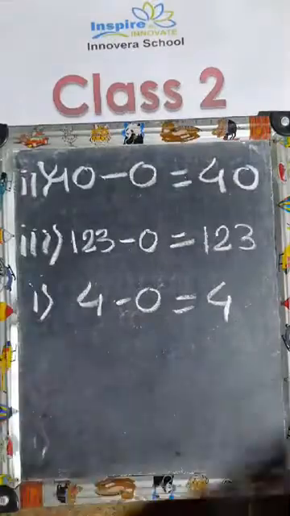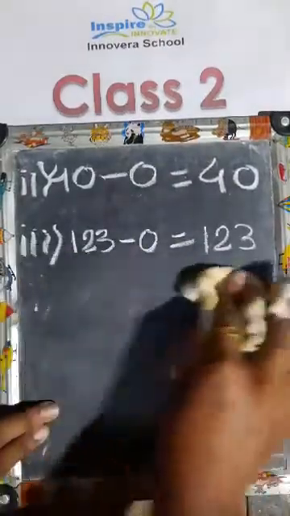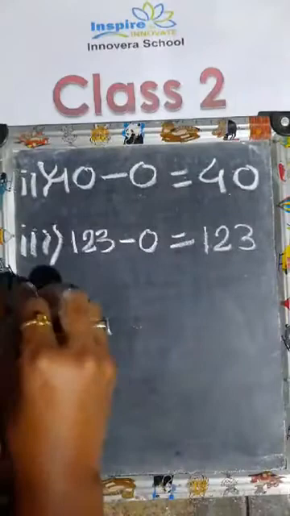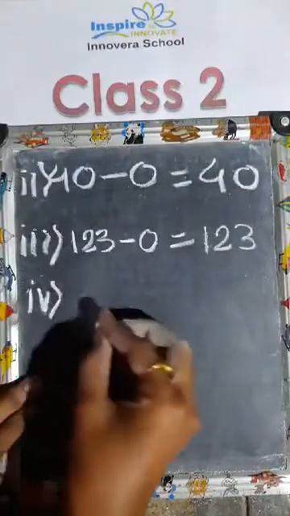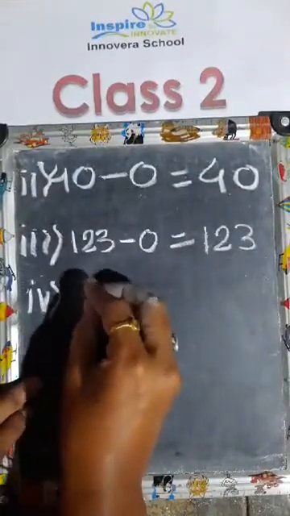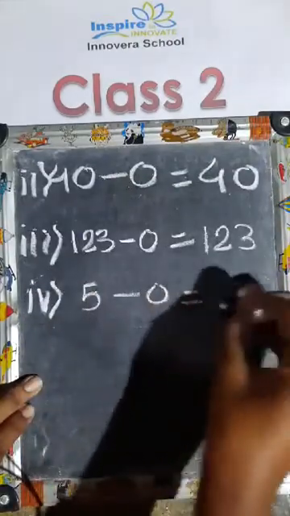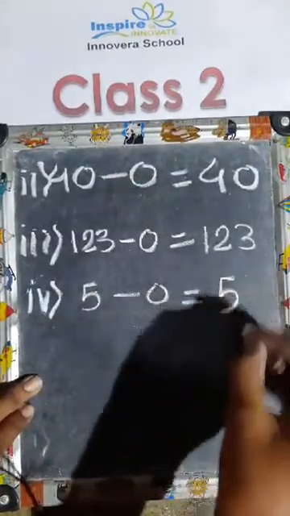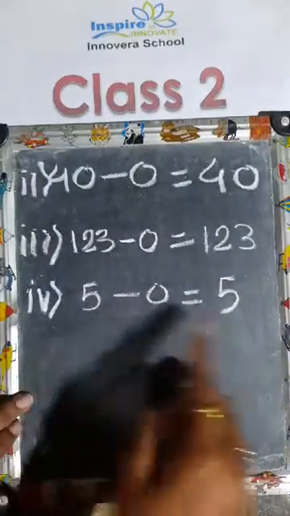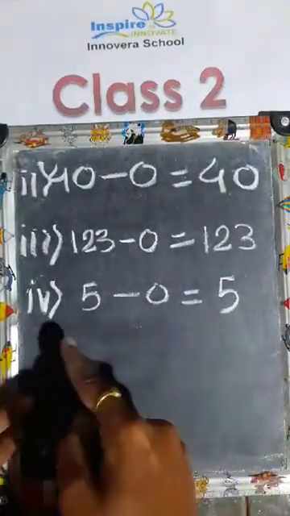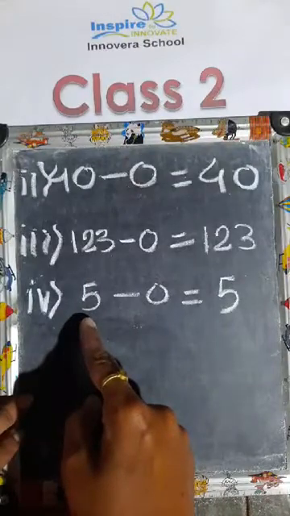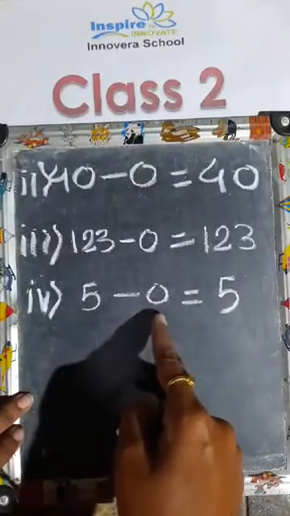Again I am showing. Can I show you some more examples? Okay. Here 5 minus 0 is equal to 5. So we got the answer 5. Why? Because here is nothing; you do not subtract anything.